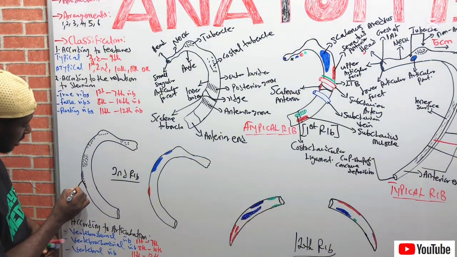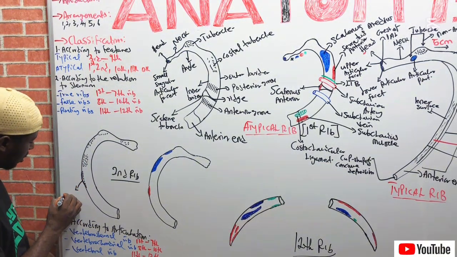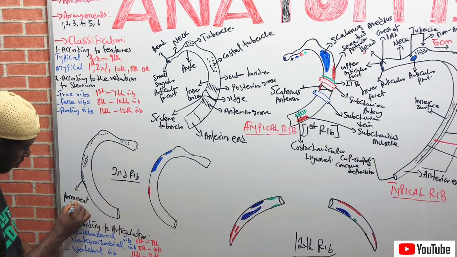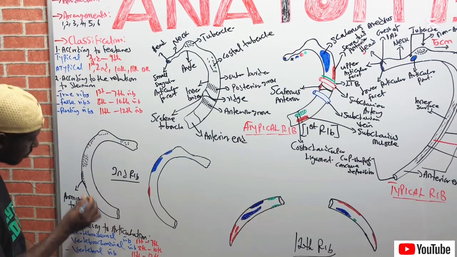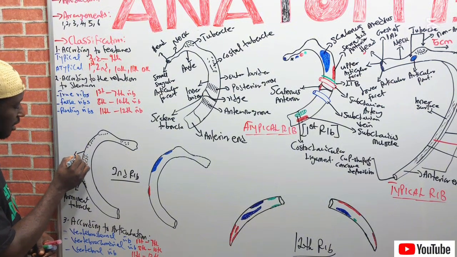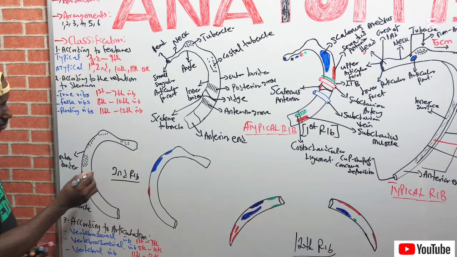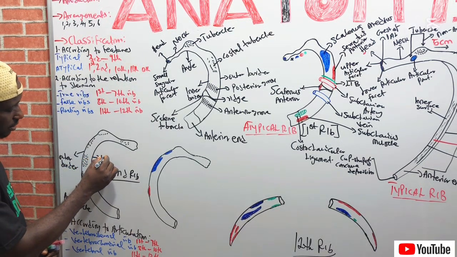So look at it here, the prominent tubercle. This is the outer border. This is the inner border.